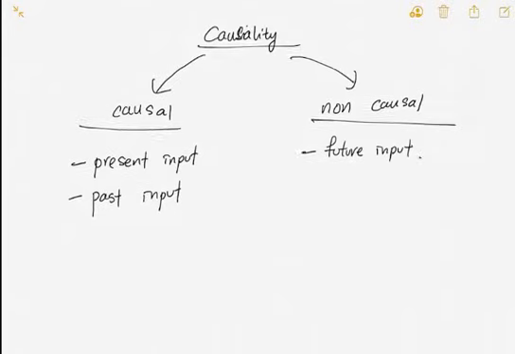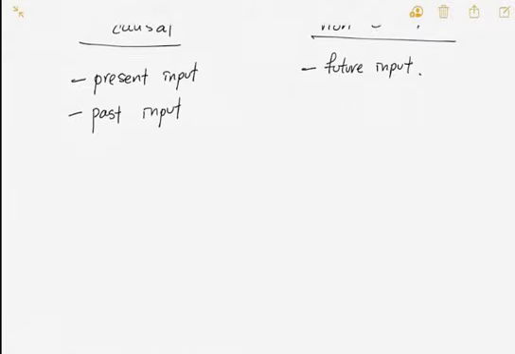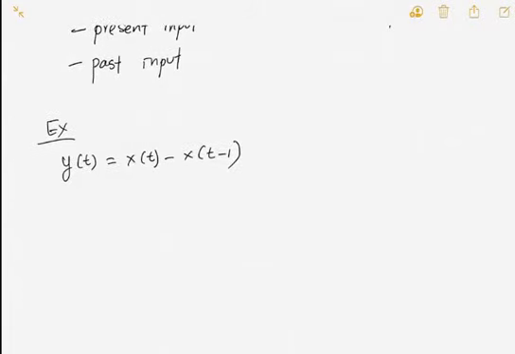Okay, let's look at some examples of how to identify whether an equation is causal or not. Let's say you have y(t) equal to x(t) minus x(t minus 1). Is it a causal system or not?